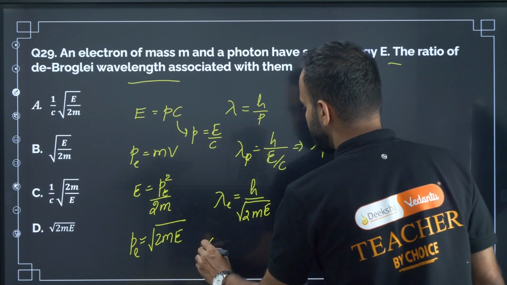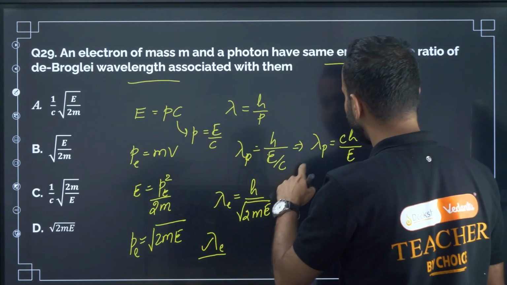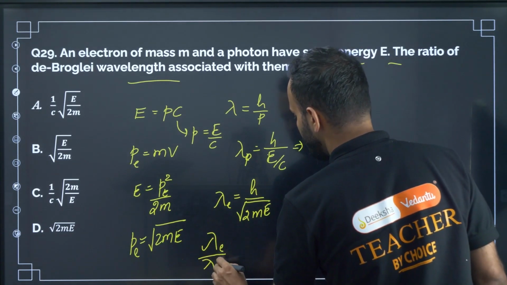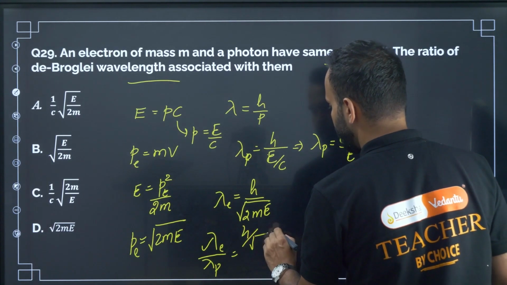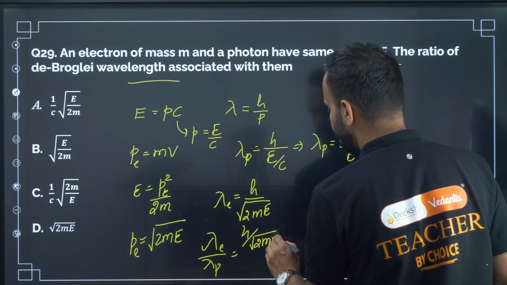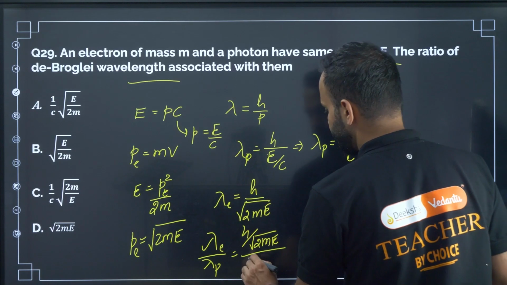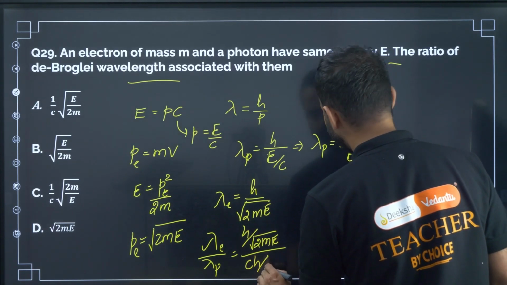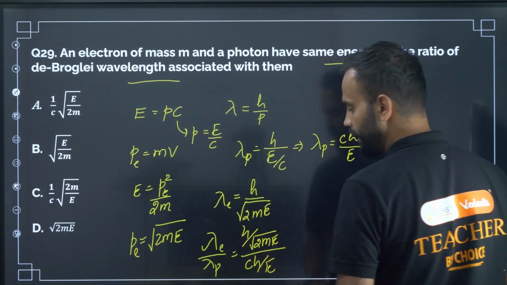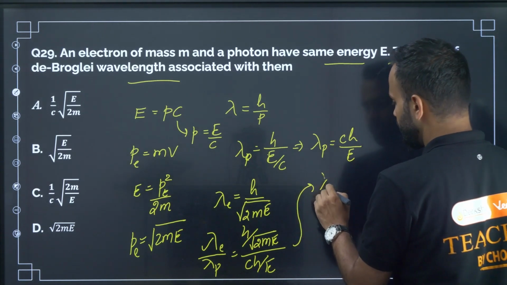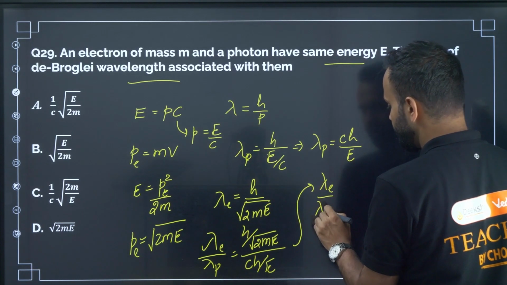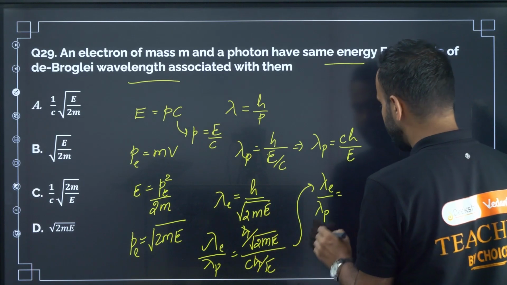So the ratio of de Broglie wavelength of the electron to the photon is equal to h divided by root of 2mE, whole divided by ch divided by E. Now solve this. h will get cancelled.